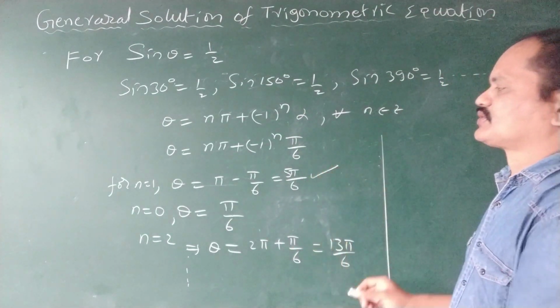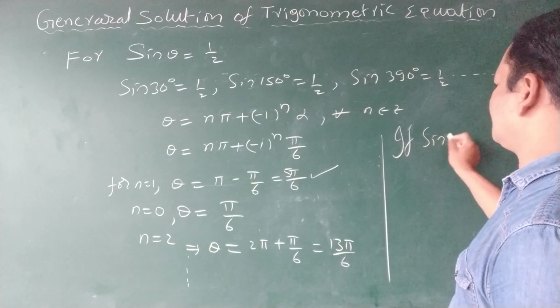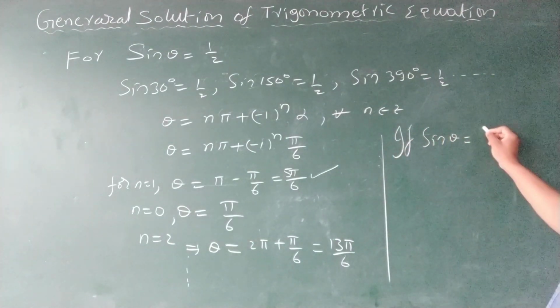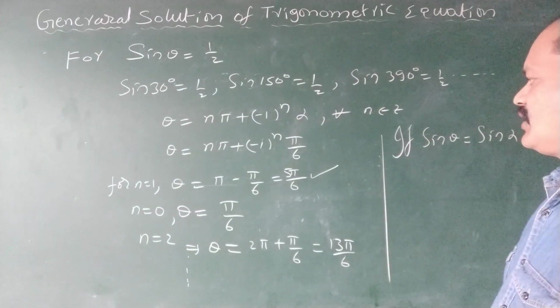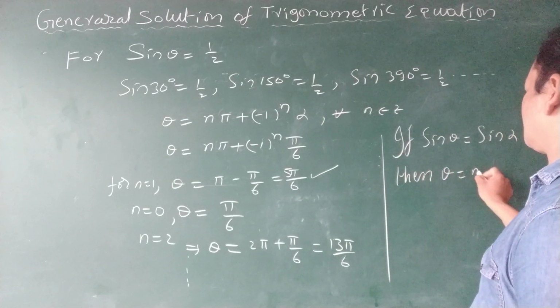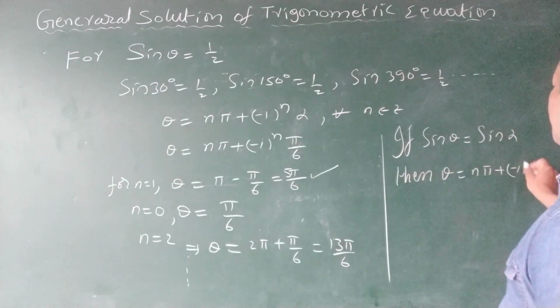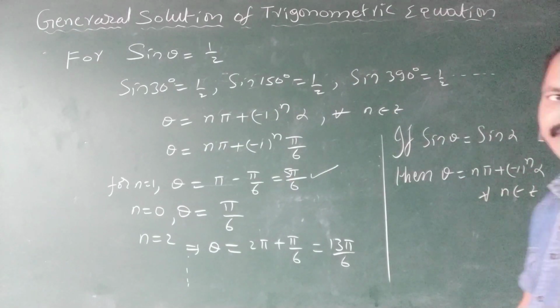The general solution for this one is: if sine theta is equal to sine alpha, then theta is equal to n pi plus minus 1 power n into alpha for all n belongs to Z. That's it.